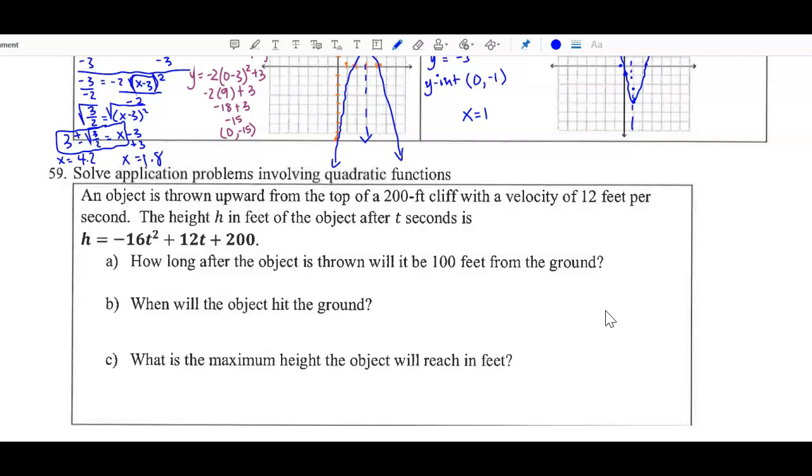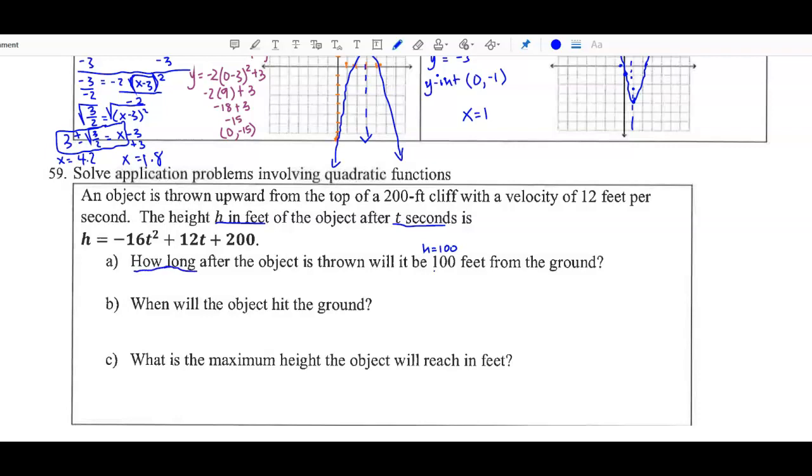All right, so remember, you have to make sure you're noticing what things are in here. So h is the feet, and t is the seconds. We're given that h equals 100. So when h is 100, how many seconds is that going to take?